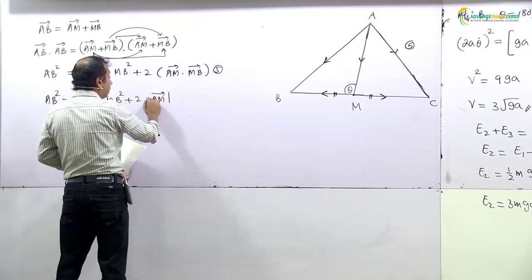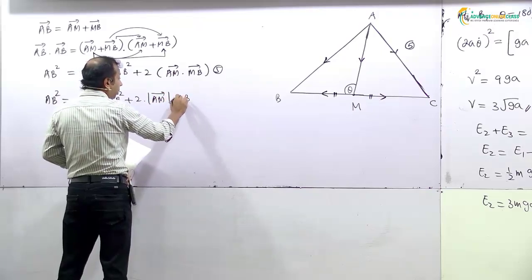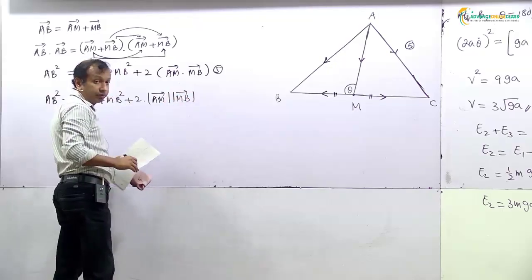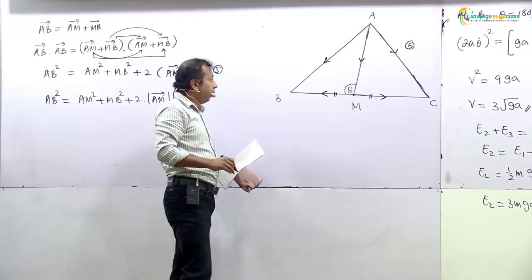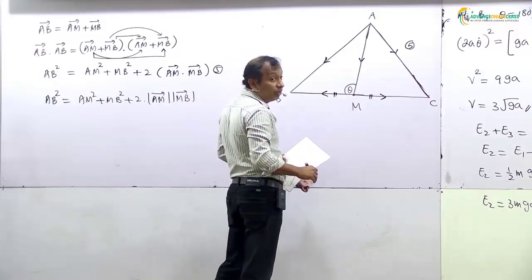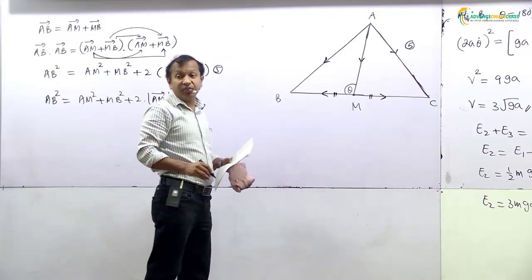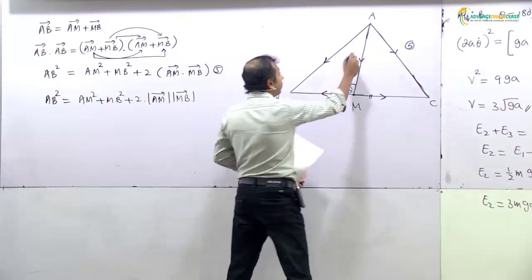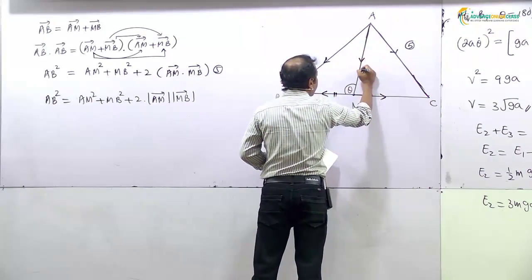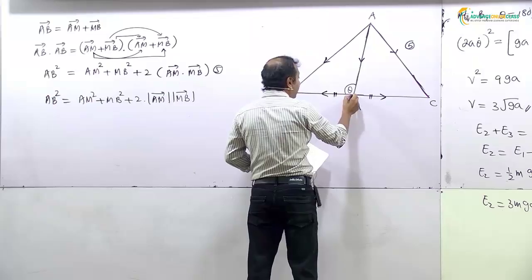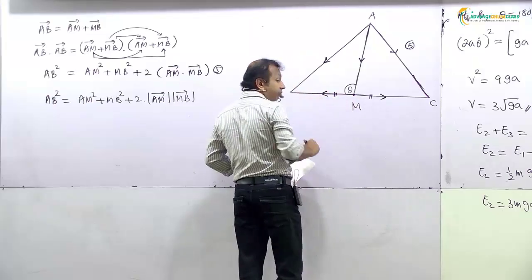AM vector modulus, MB vector modulus, and cos of the angle between them. AM, MB. What is the angle between them? AM vector is this. MB vector is this. What is the angle between them?